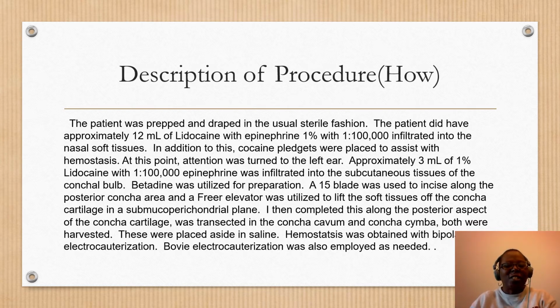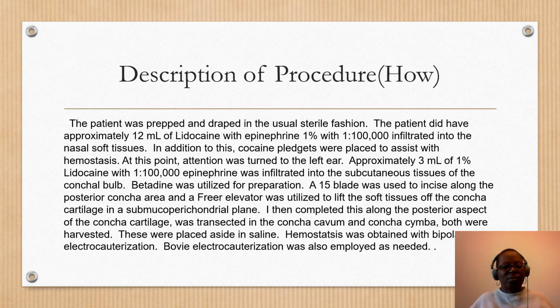I've digressed. So both were harvested. He harvested cartilage from the concha cavum as well as the concha cymba. Harvested means they were removed in a sense, picked out. They placed those tissue pieces in some saline, and then he closed that area up.